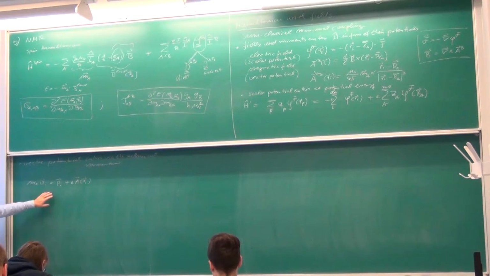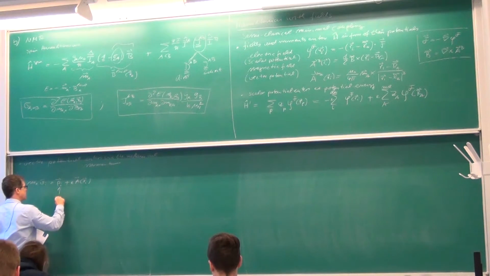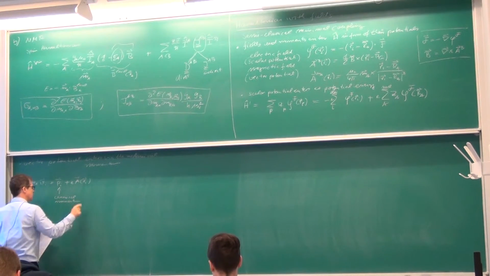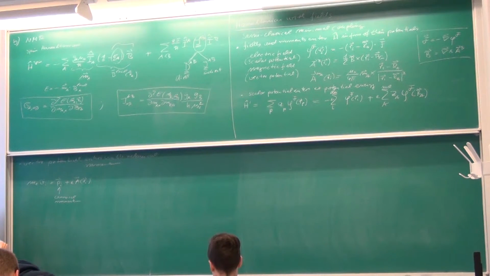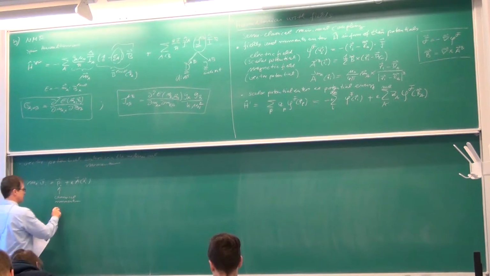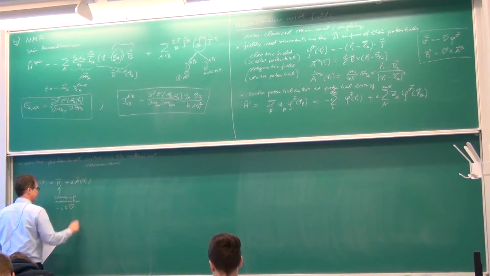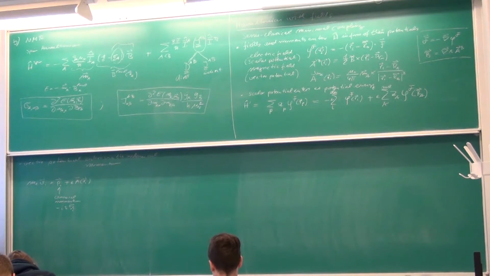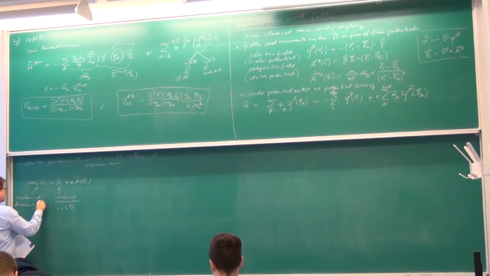This is called the canonical momentum, which is the one you normally have in the Schrödinger equation, replaced by minus i h bar times the gradient operator. Whereas this is called either the mechanical or the kinematical momentum, because that's the one which relates to the kinetic energy.